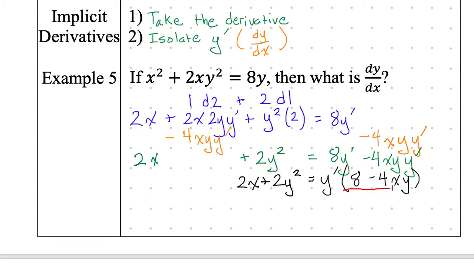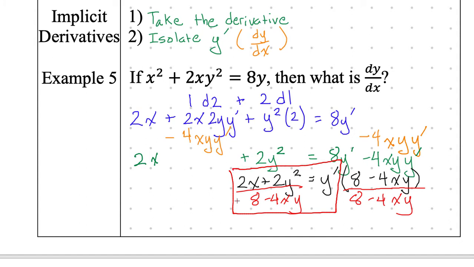Divide by all that garbage. Divide by 8 minus 4xy. And we have our answer. Y prime is equal to 2x plus 2y squared, all of that divided by 8 minus 4xy.